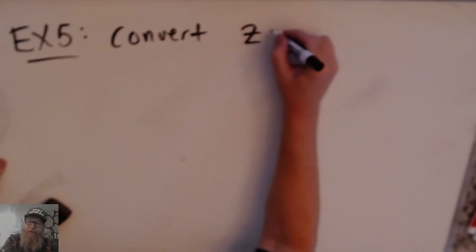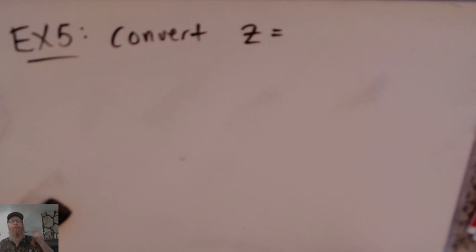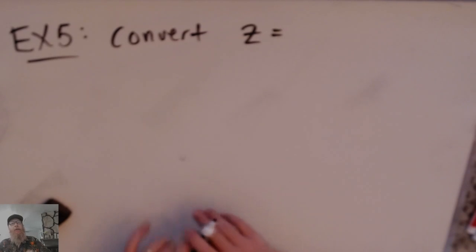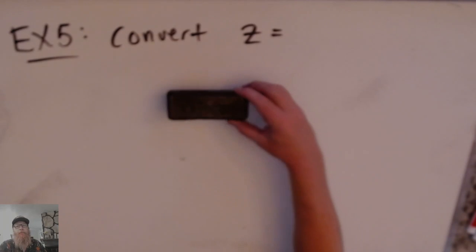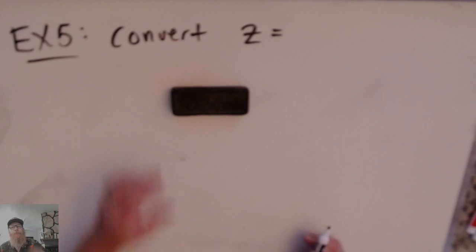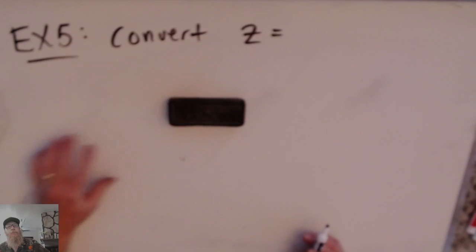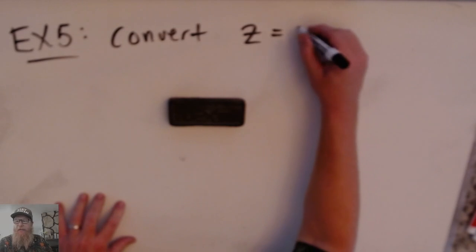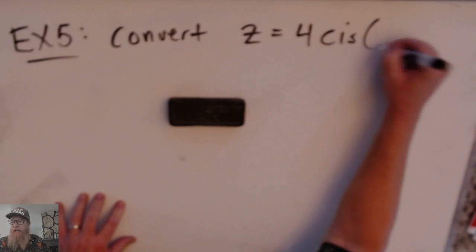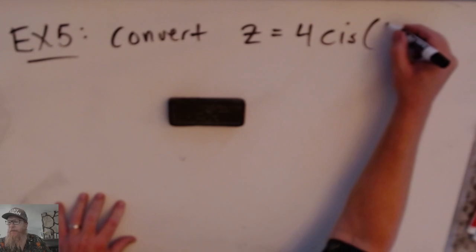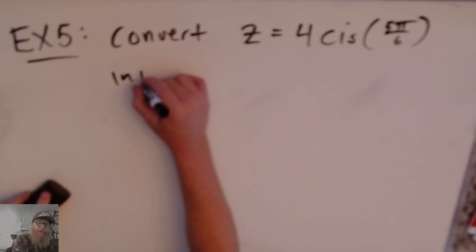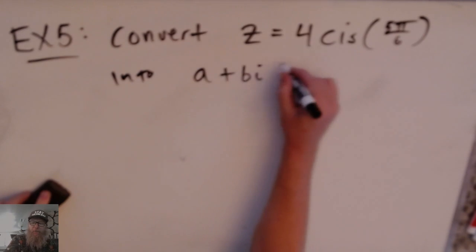Convert z equals 4 CIS 5 pi over 6 into a plus bi form.